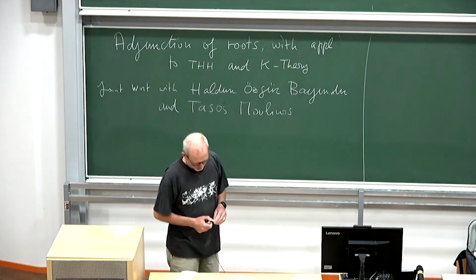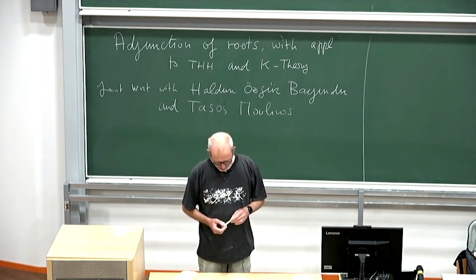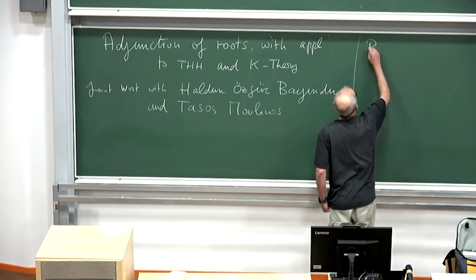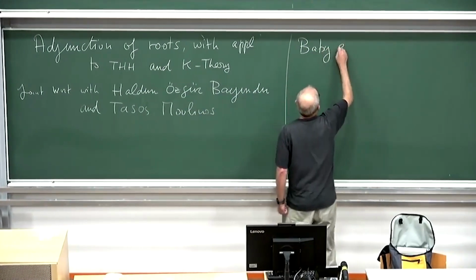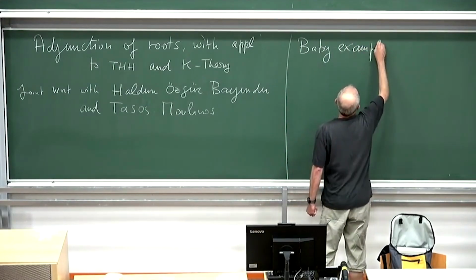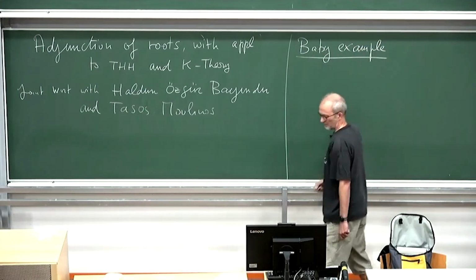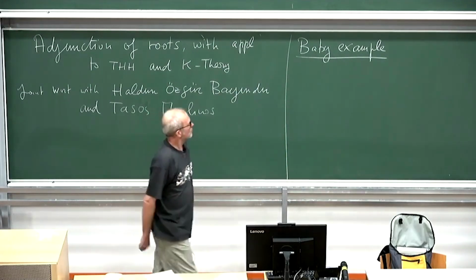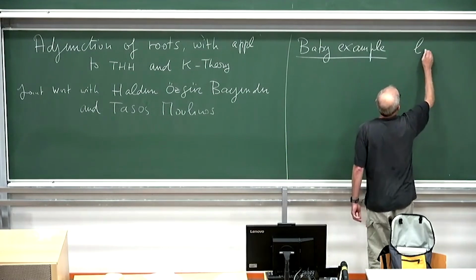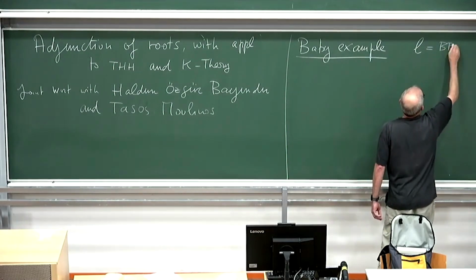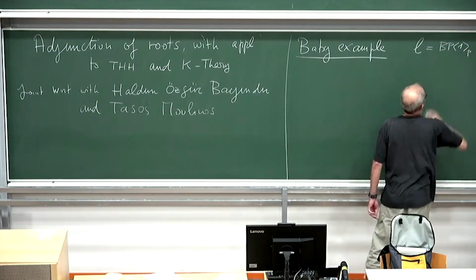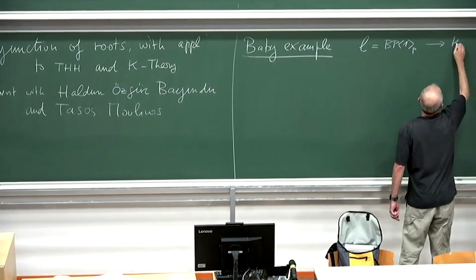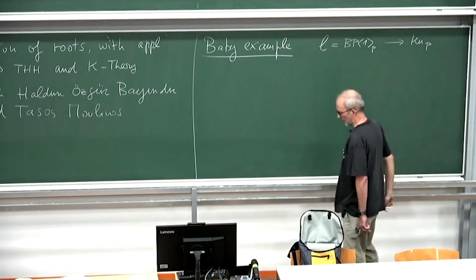So maybe I'll start with a baby example that we all love. It's topological K-theory. The basic example here was the Adams summand, which for us will be a completed version of BP⟨1⟩ that maps to, let's say, p-completed topological K-theory.